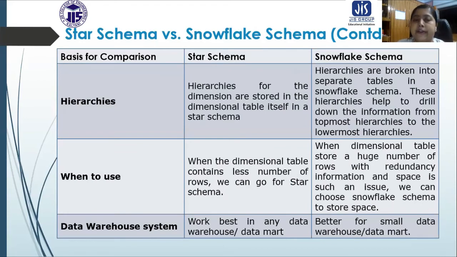Now the hierarchies. Hierarchies for the dimension are stored in the dimension table itself in a star schema. But hierarchies are broken into separate tables in a Snowflake schema. These hierarchies help to drill down the information from topmost hierarchies to the lowermost hierarchies.